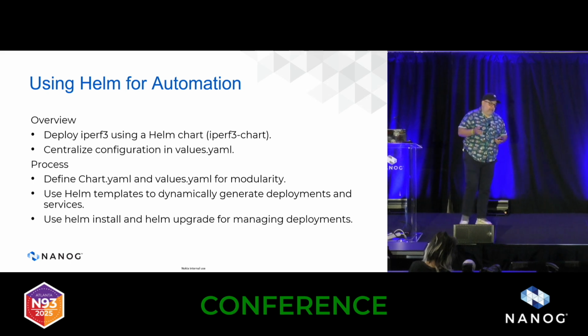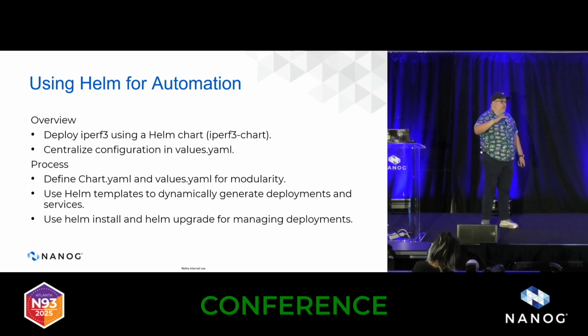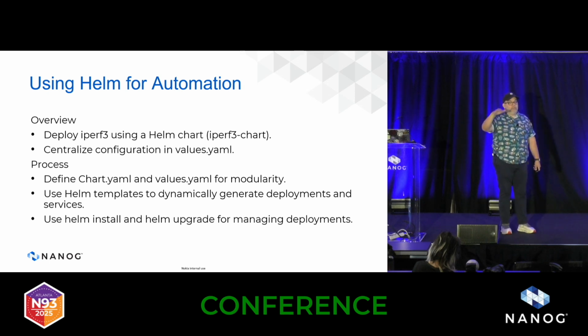The advantage here is that we're going to use centralized configuration values in a values.yaml file. So instead of doing one manifest for each instance of the container that we want to run, we just create a template and then a value file, and on that value file are going to reside all the ports and flows that we're going to create in this case.